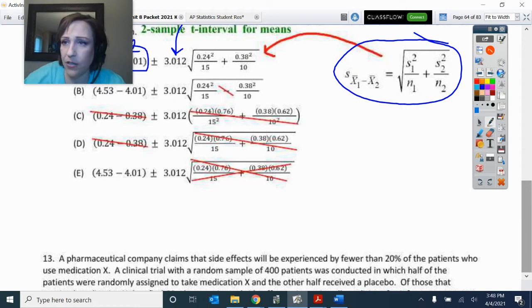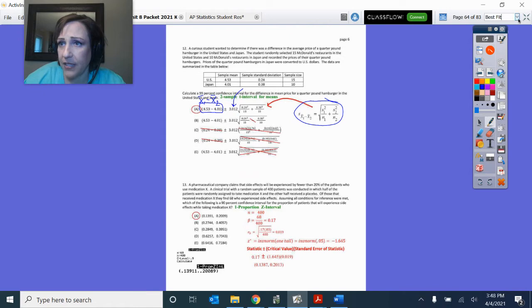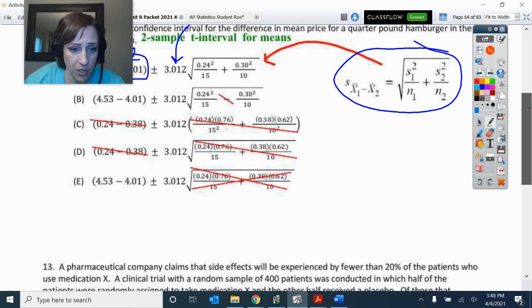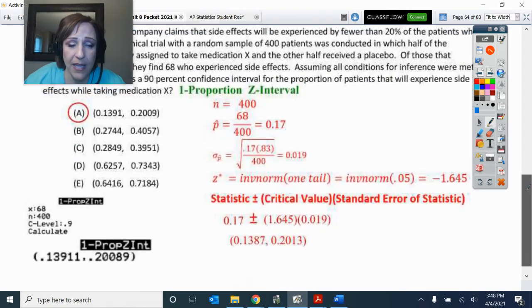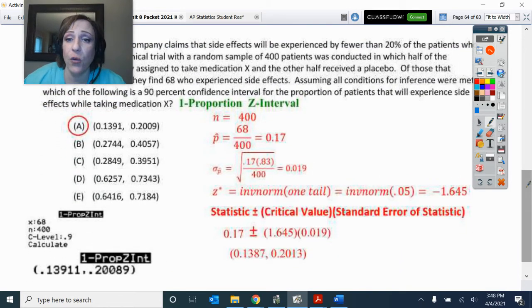And number 13 here, let's see. We've got this problem where you had to compute. Now, they just straight up gave you the interval. So this was a 1 proportion z interval, and you are welcome to do that by hand. But as I mentioned earlier on problem number 2, this is a problem that you could have done in your calculator if you wanted to with a 1 proportion z interval.